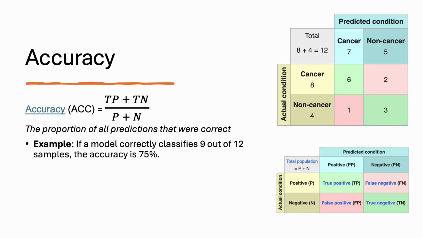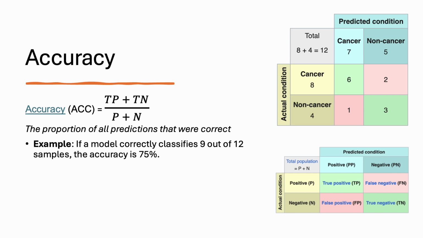Let's start with accuracy. On the right side we have the same example, and the equation to calculate accuracy is the number of true positive plus the number of true negative, so all the truths, at the top, and at the bottom we have the total number of samples, or sometimes we call it the total population.